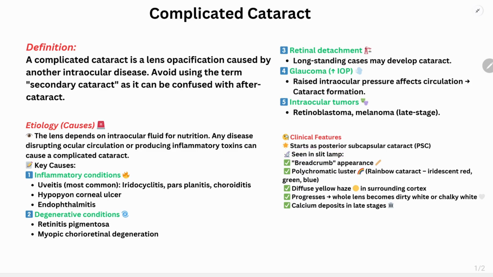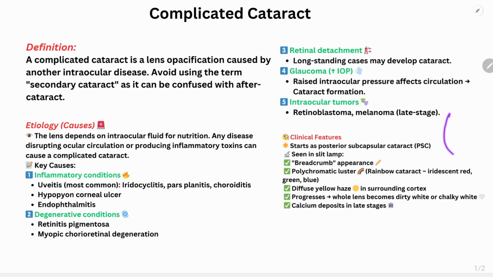In the slit lamp examination, you will see breadcrumb appearance, polychromatic lusters which are like a rainbow cataract, and diffuse yellow haze like yellow opacity which progresses, in which the whole lens becomes dirty white or chalky white. And the last one is calcium depositions in the last stage.